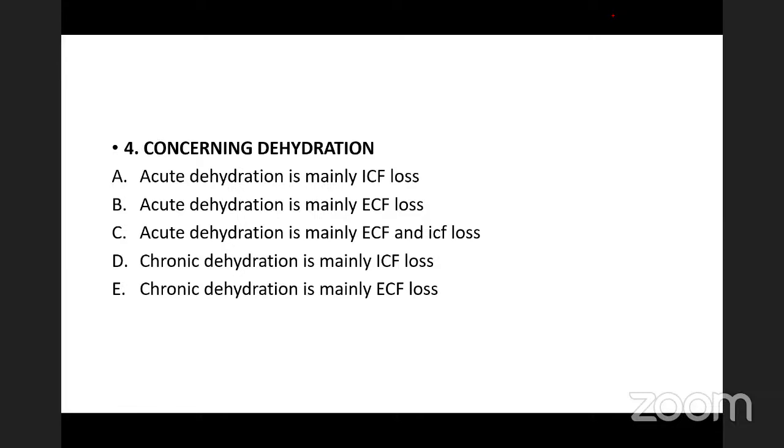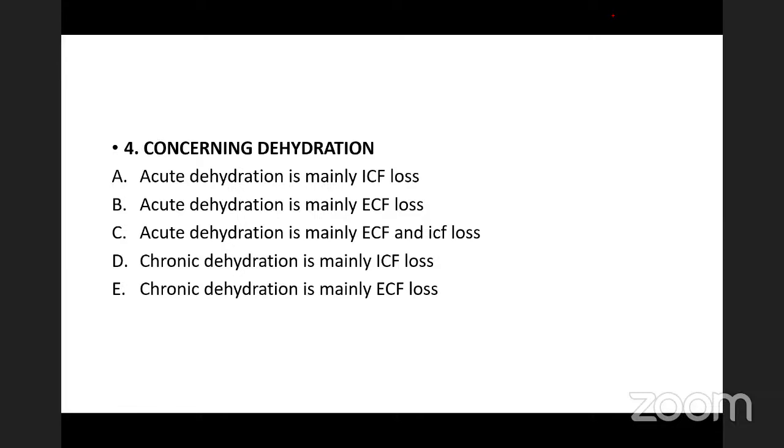And the reason why it's very important is that when a patient suffers acute dehydration, the resuscitation is immediate. You require a rapid replenishment of the fluid that is lost.